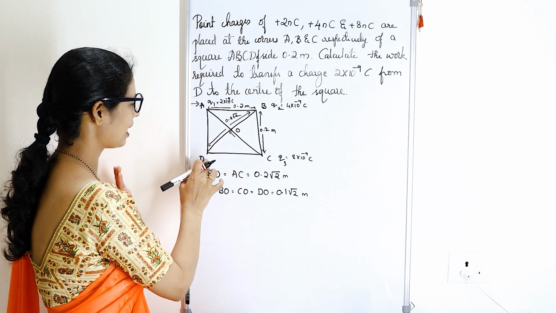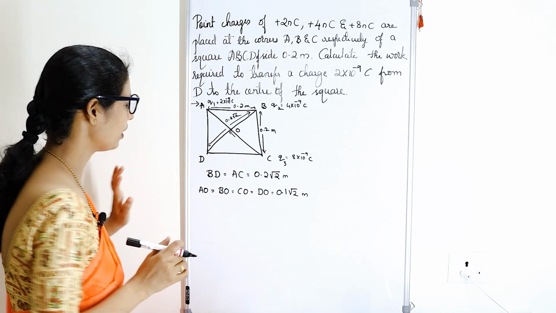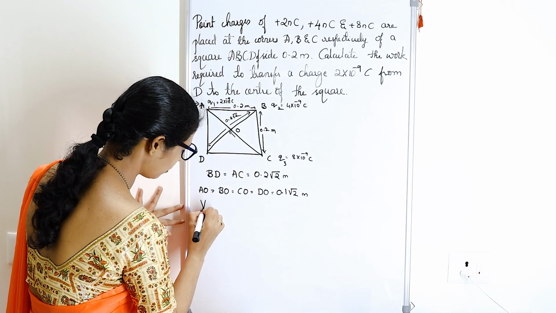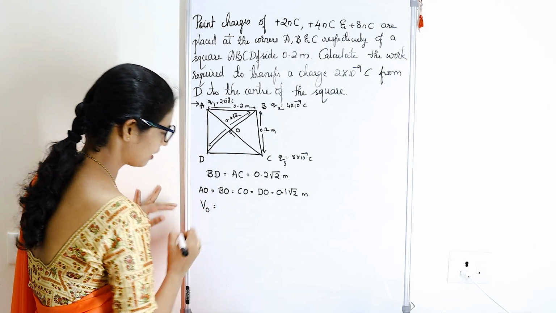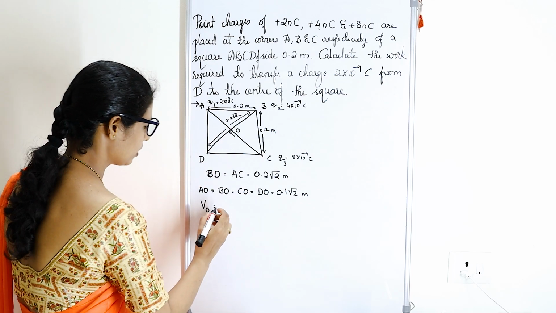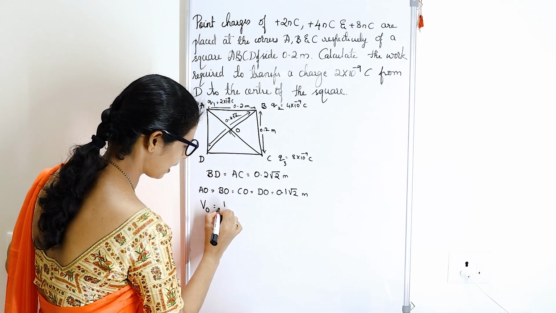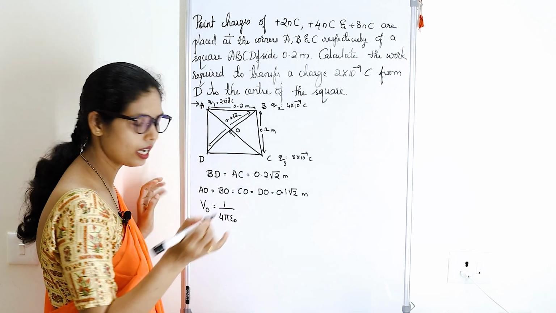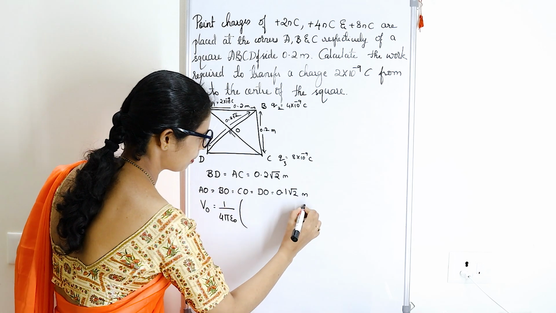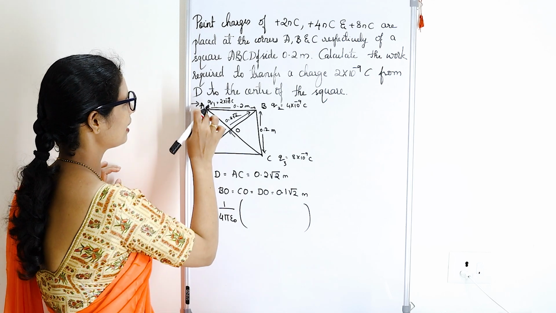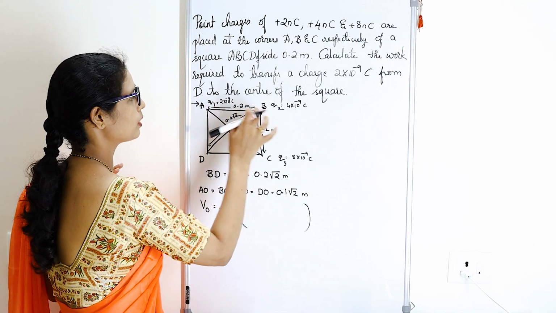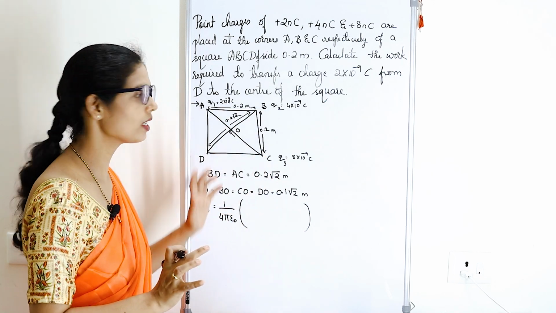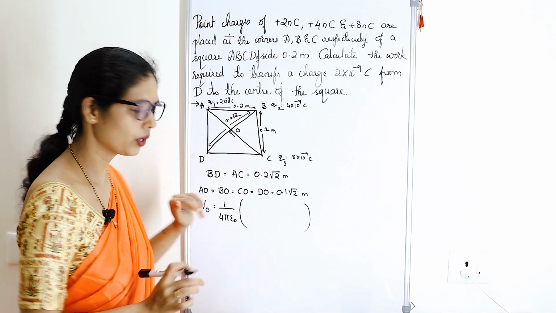Now you need to find out the electric potential at the center of the square and the electric potential at point D. Let's first find out the electric potential at the center of the square. It can be written as 1 upon 4 pi epsilon naught into bracket. You have charges at these three points, so you will consider only these three charges.